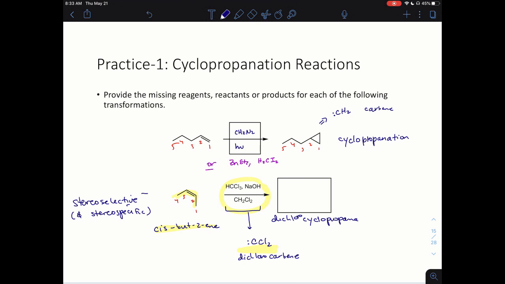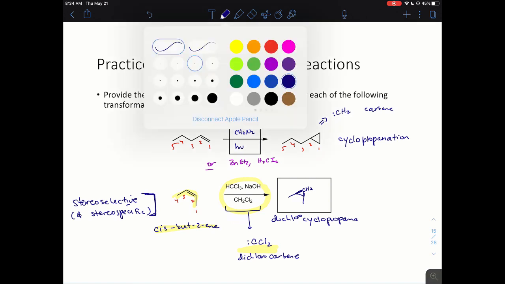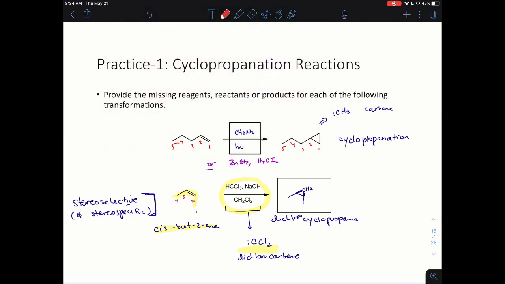Now, these reactions are stereoselective and stereospecific, and that is because the two bonds are formed at the very same time to the same face of the alkene. So all that means is that the cis relationship between the two methyl groups of the double bond will be maintained in the product. If the two methyl groups are cis to one another in the starting material, they'll be cis in the product as well.